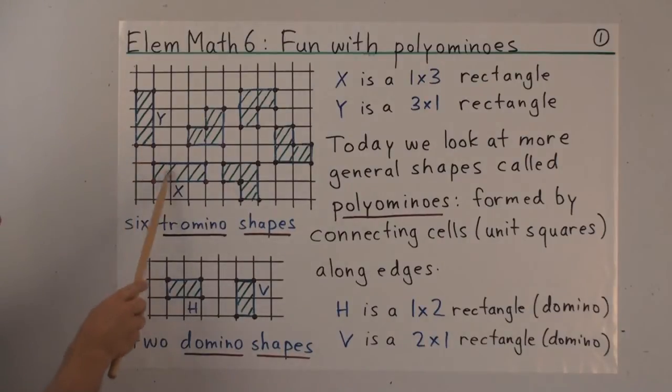Strictly speaking, we say they have different shapes. And we can think of both of them as being constructed from little unit squares, or what we sometimes call cells, which are stacked together in a connected way. So we can go from one cell to the neighboring cell along an edge that they have in common.